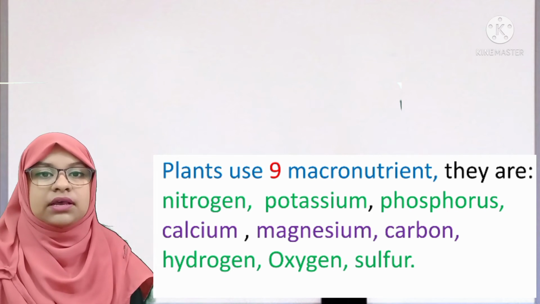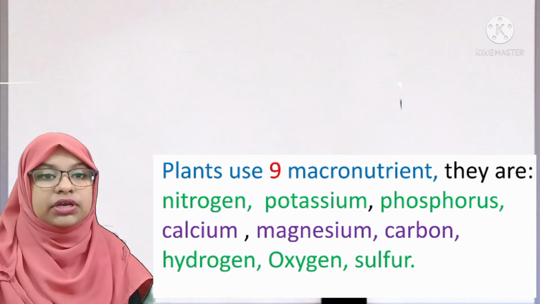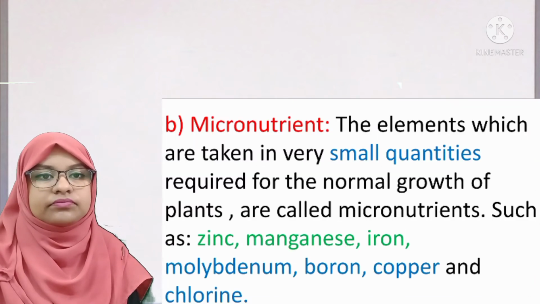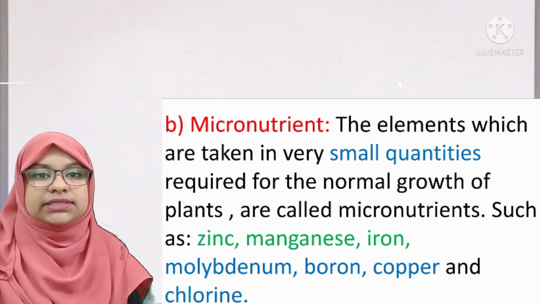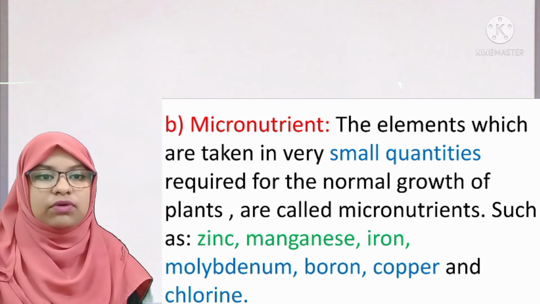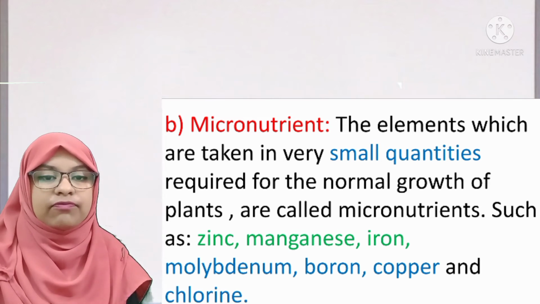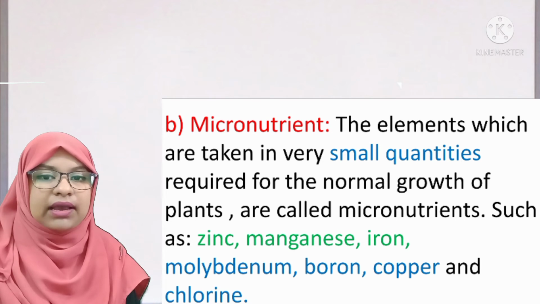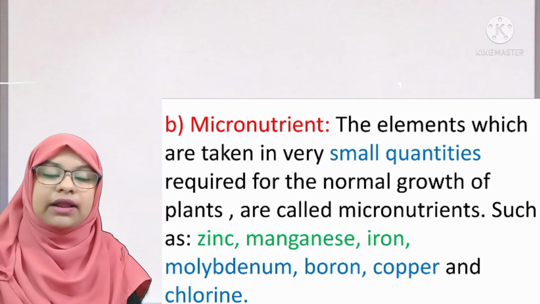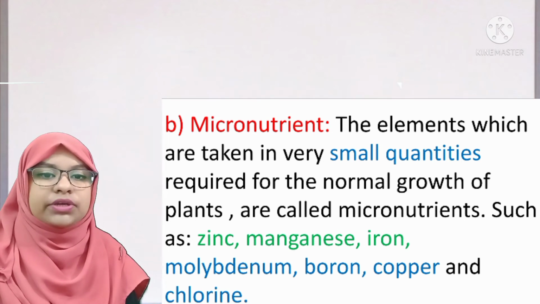That means 9 macronutrients are essential for plants. Micronutrients, the elements which are taken in very small quantities and required for the normal growth of plants, are called micronutrients or microelements, such as zinc, manganese, iron, molybdenum, boron, copper and chlorine.